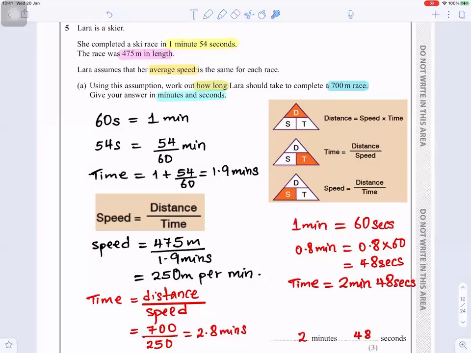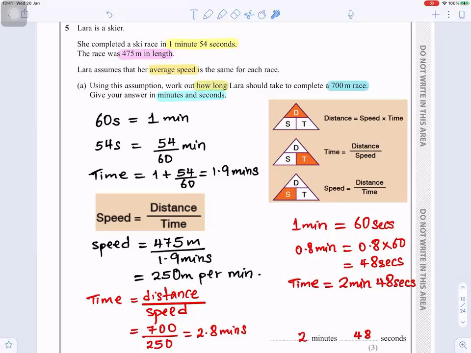Laura is a skier. She completed a ski race in 1 minute 54 seconds. The race was 475 meters in length. Laura assumes that her average speed is the same for each race. Using this assumption, work out how long Laura should take to complete a 700-meter race.